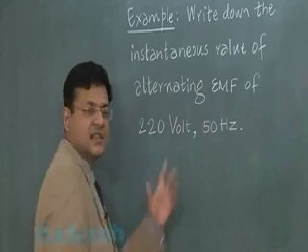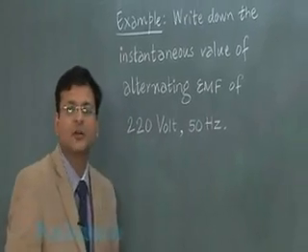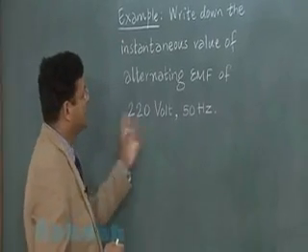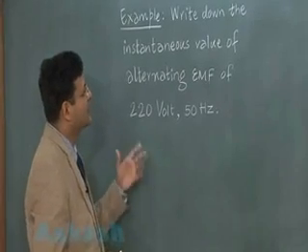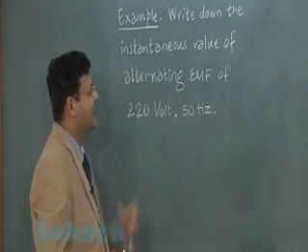You understand? इस तरह से हमें एक डेटा दिया हुआ है. You have an alternating EMF जिसकी वैल्यू 220 वोल्ट एंड 50 हर्ट्ज दी हुई है, and you are expected to write down the instantaneous value of this EMF.